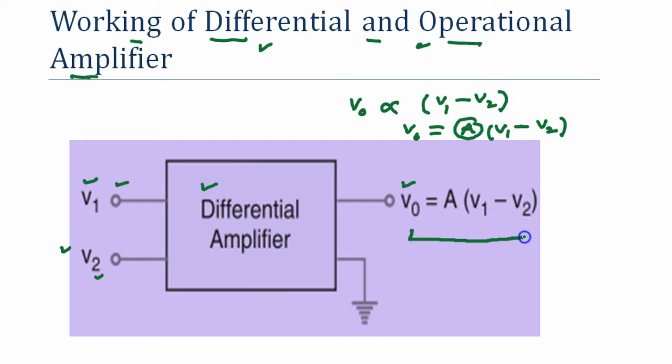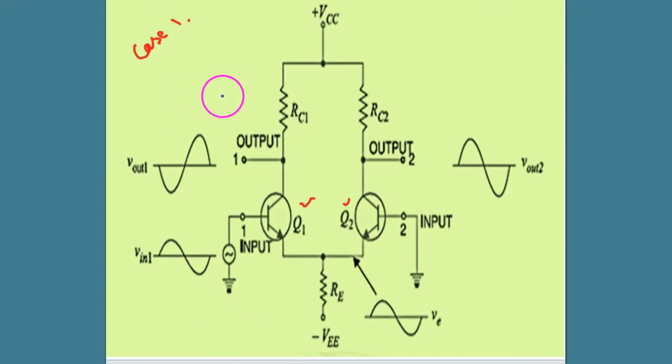So this is the output voltage which appears here because the second terminal is grounded. Okay, so this is a circuit diagram for a differential amplifier. We have two transistors Q1 and Q2. This is the emitter terminal of Q1, base of Q1, collector of Q1.